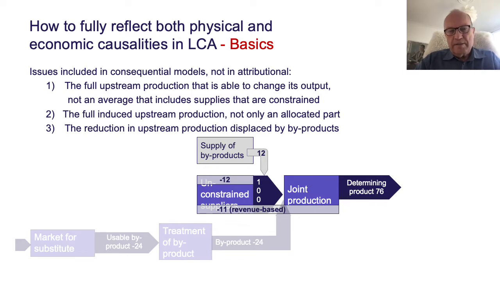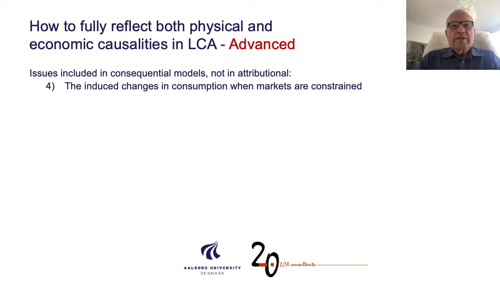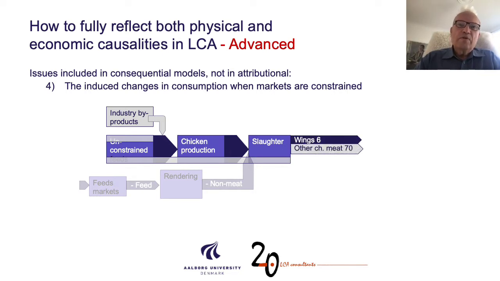Now this is the basics. Let's look then at a more advanced situation where we also have constrained markets. Let's say that the 76% output was meat, and that this meat was composed of chicken wings with 6 kilograms and other chicken meat of 70 kilograms.